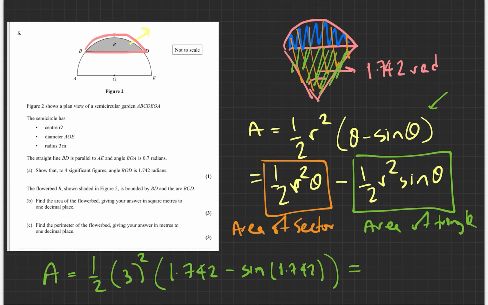So make sure you have your calculators in place. If you solve this equation, what you will get is 3.4 meters squared. So that seems good. I hope you understand this.